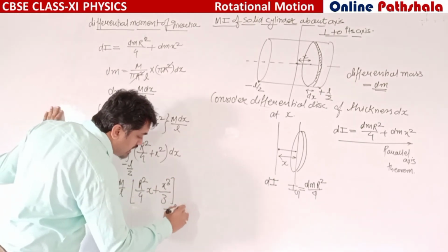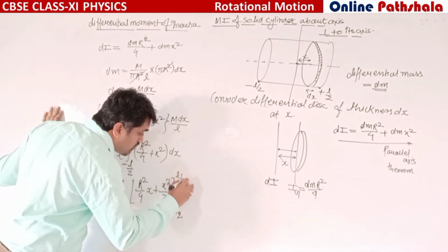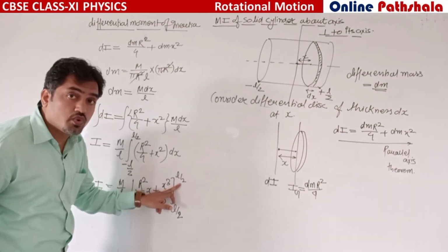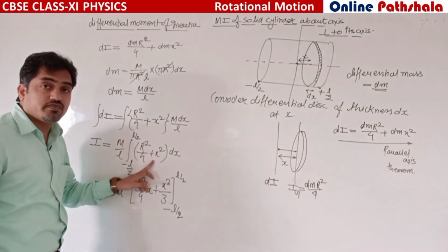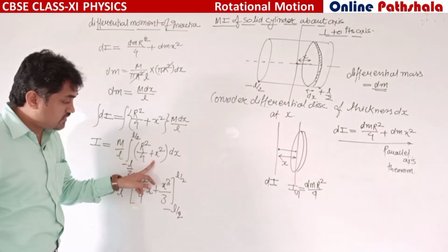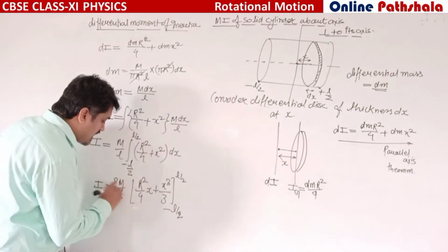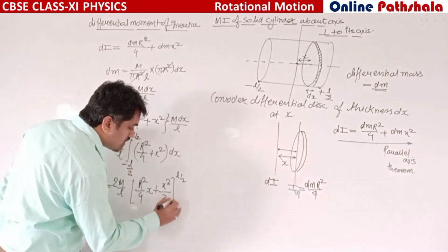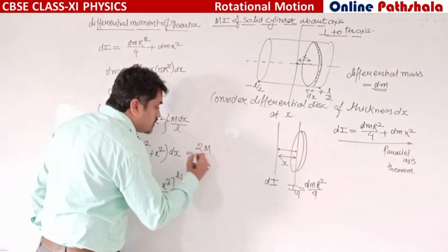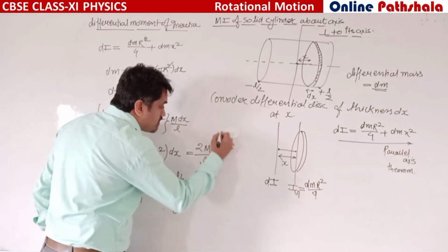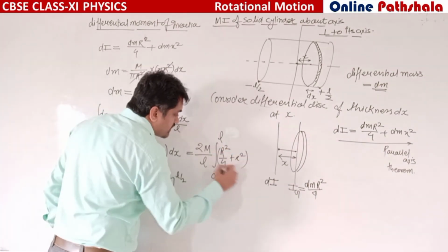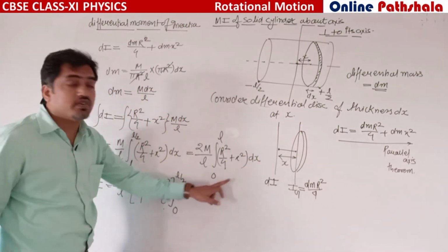Now for the limits minus L by 2 to L by 2, we can multiply by 2 and change the limit from 0 to L by 2, because it is an even function.